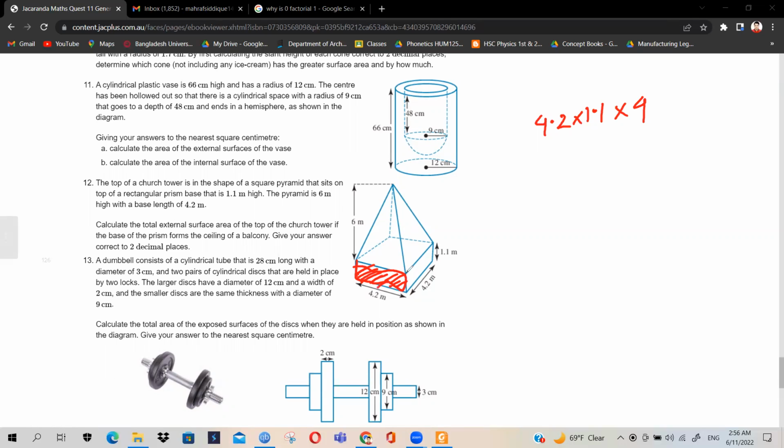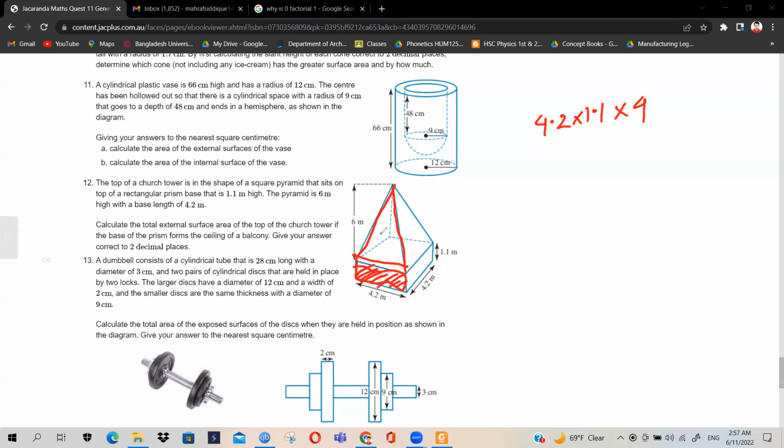Now they have said the external surface area, so that means the base of the pyramid, we don't have to calculate. That is not needed here. Now we have to calculate the surface area of one of these triangles, and we will be okay with it.